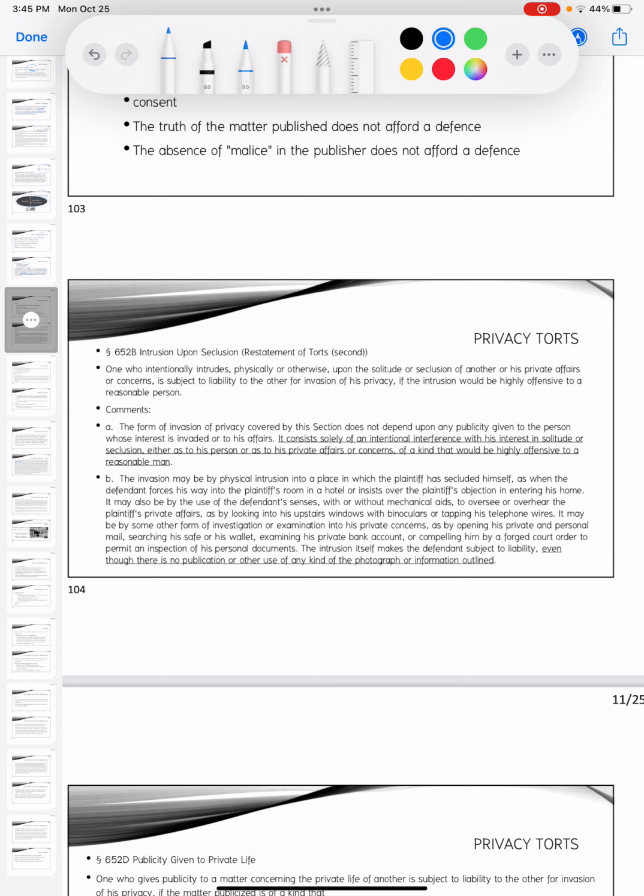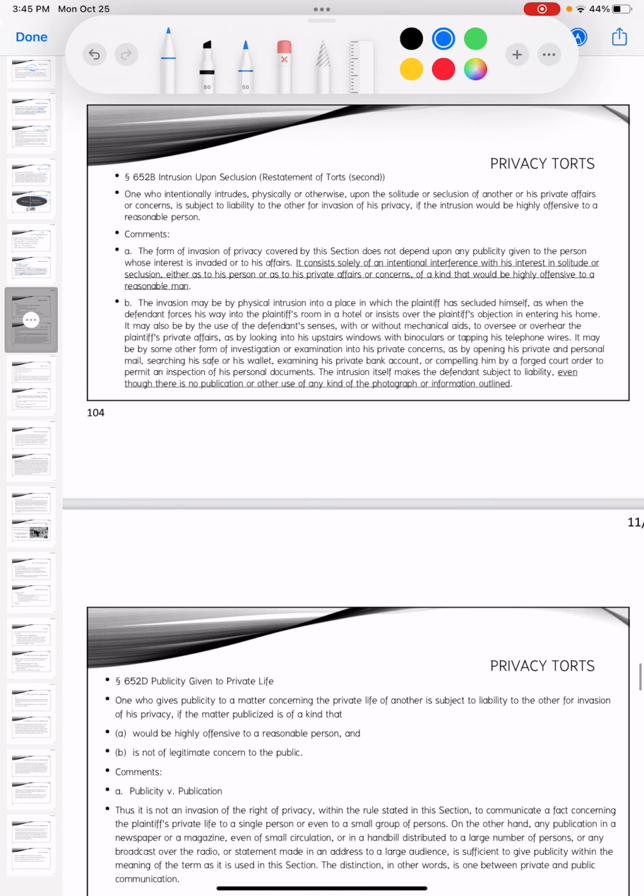So this action by the news agency or by the media, like publication of somebody else's facts in the news, could have a damage on the right to privacy of another person as well, and that would be in the form of what we call publicity given to private lives.